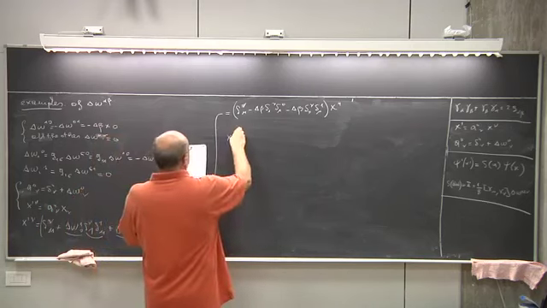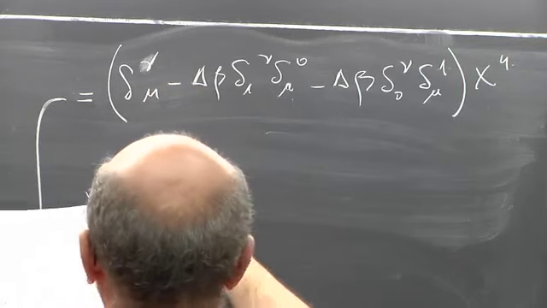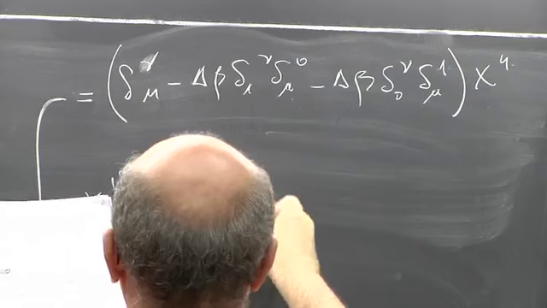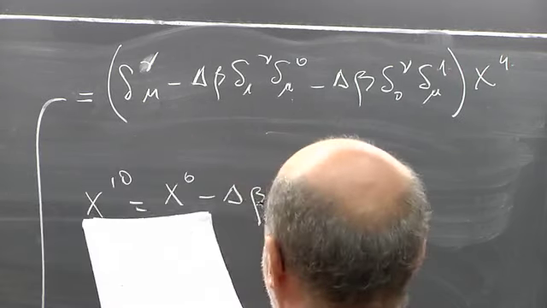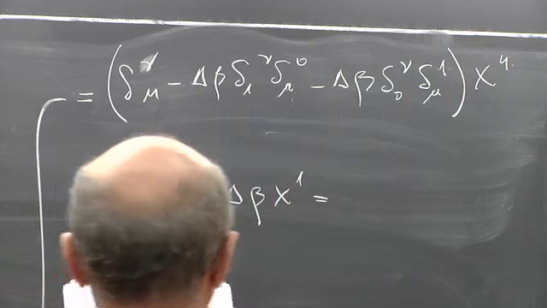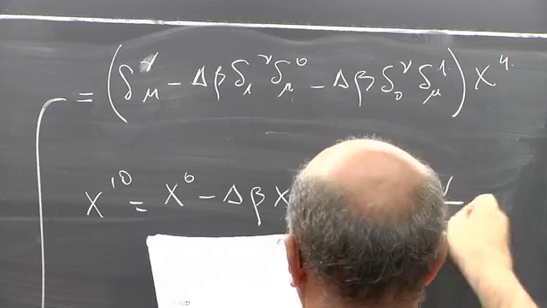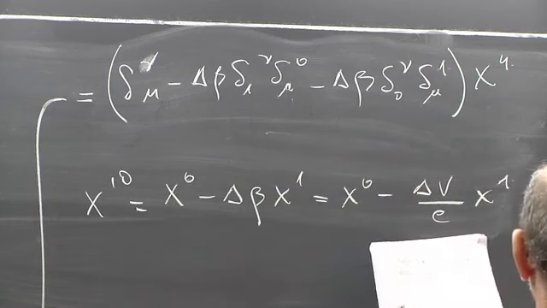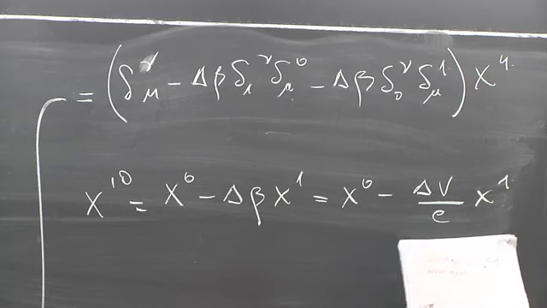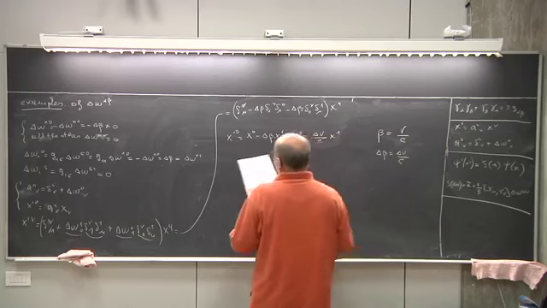So I have x prime 0 equal, now I take nu equals 0, so I have x0 minus delta beta x1. And if I consider delta beta as delta v over c, I have x0 minus delta v over c x1. So I interpret beta as v over c, so delta beta is delta v over c.